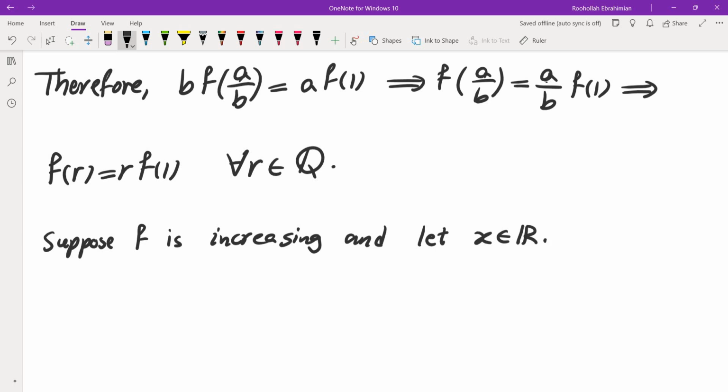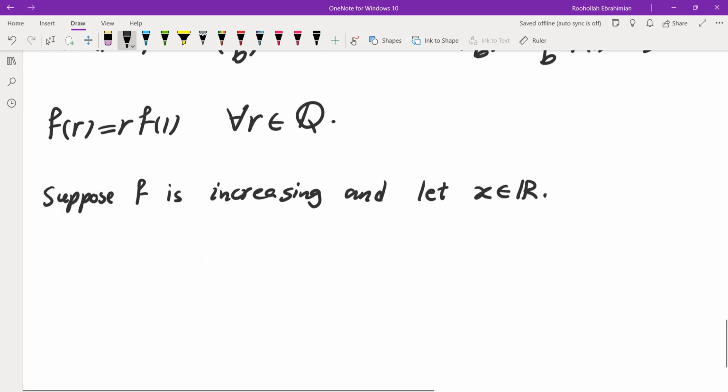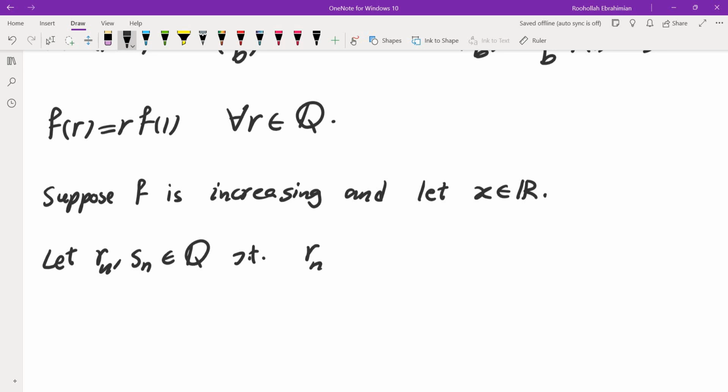So the way we want to prove this one is by using the fact that you can approximate all real numbers by rationals. And this is a well-known fact. So let Rn and Sn be sequences of rationals such that Rn is less than x less than Sn.